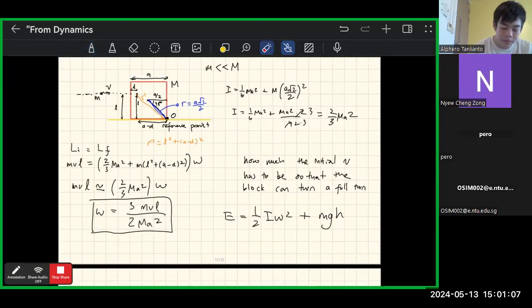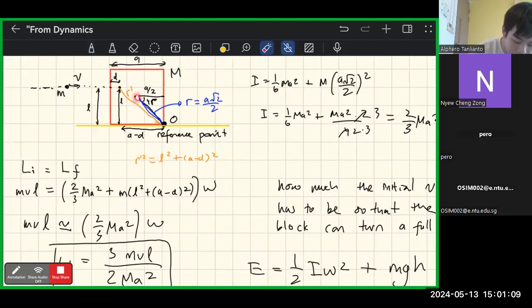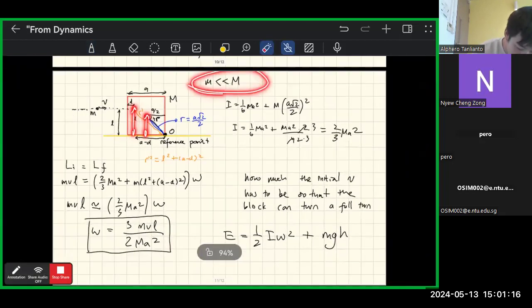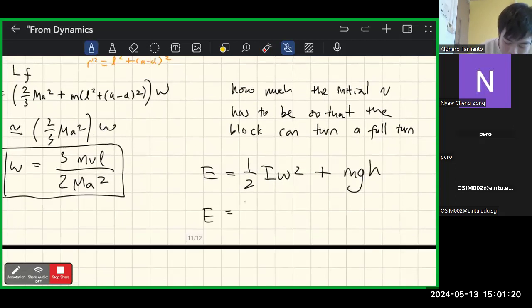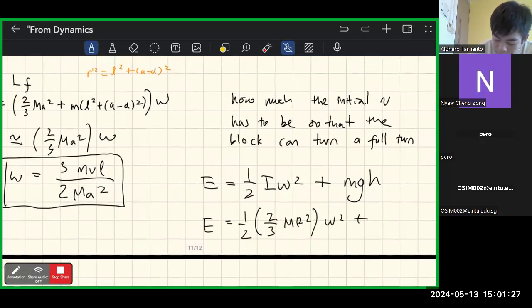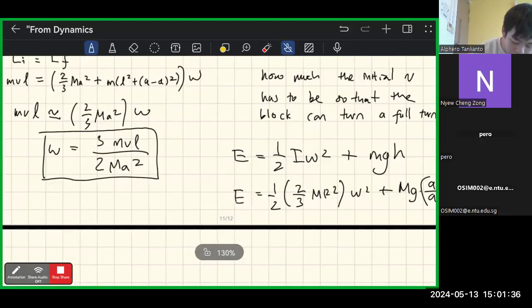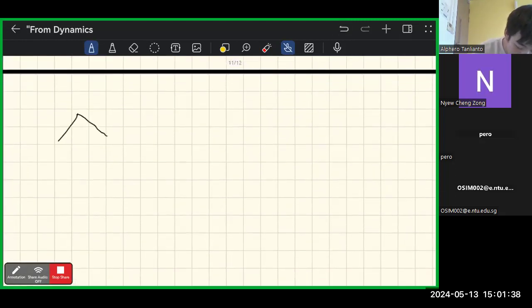The h here for this block is a over 2, but for this embedded bullet it is L. But we already know that m is very small, so it's only for the block. Half of the I here is 2/3 m a squared omega squared plus M, which is the mass of the block, times g times the h here, which is a over 2. At the top, right? You have to reach the top here.